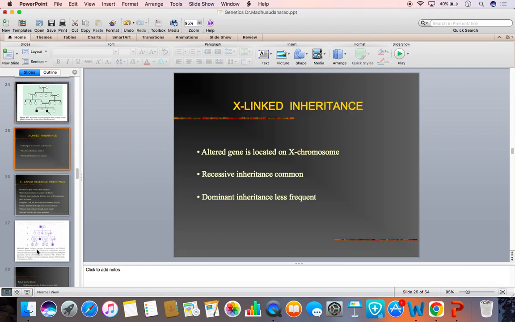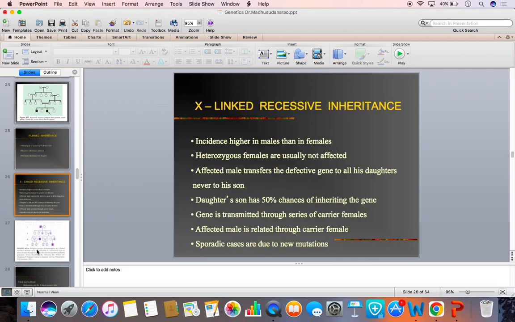Then, coming to the sex-linked inheritance. Altered gene is located on the X chromosome. Recessive inheritance is common, dominant inheritance is less frequent. What are the features of X-linked recessive inheritance?